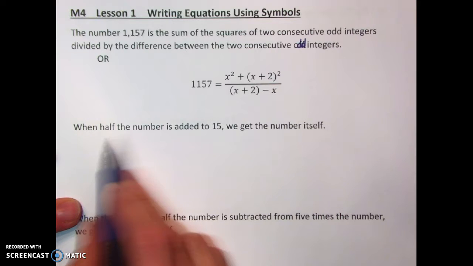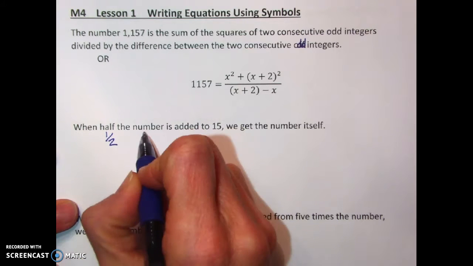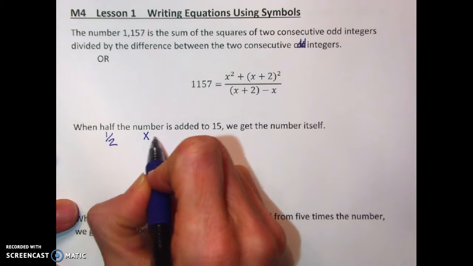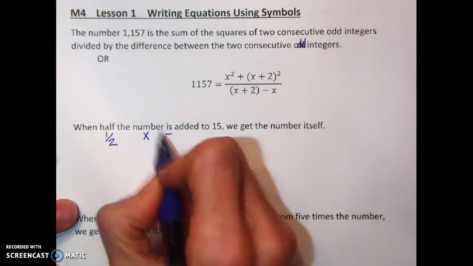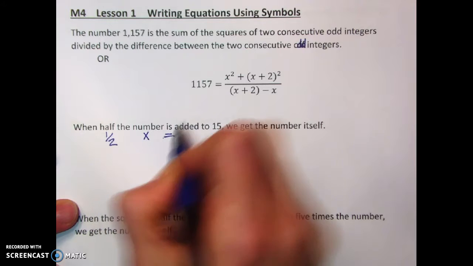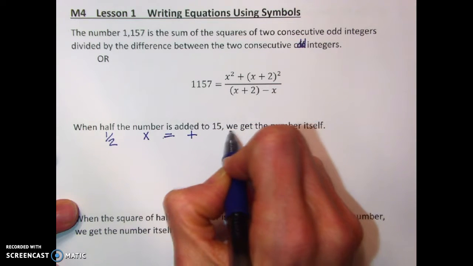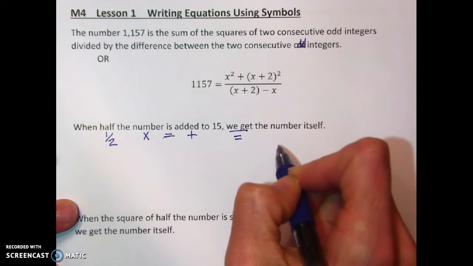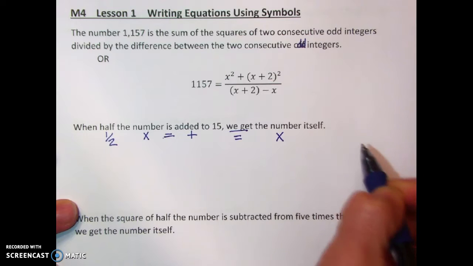So when half the number is added to 15, half the number, that's our variable, is, well, is a lot of times means equals, but we'll see, added to 15, we get also means equals the number itself. Well, the number is our variable x.